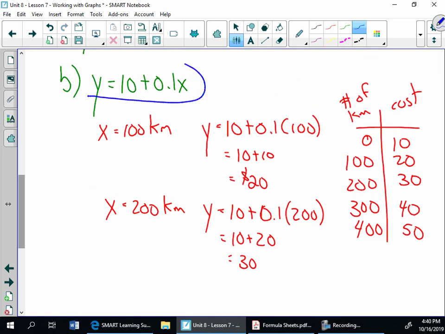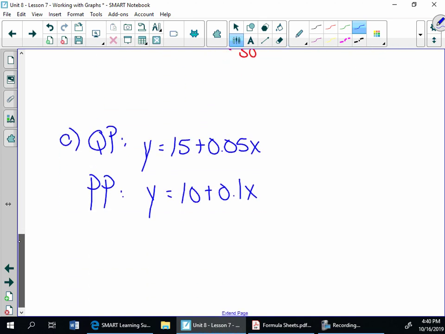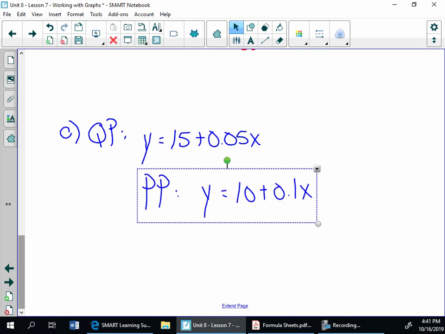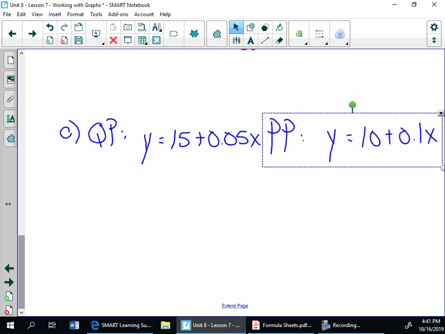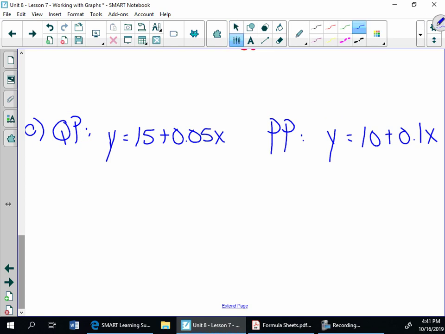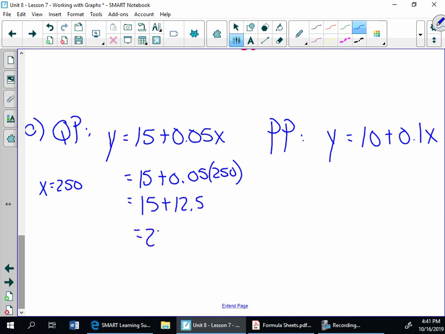Right, that's the one we just had right here. Okay, what am I trying to figure out? I'm trying to figure out the difference in a distance of 250 kilometers. Just move it over here so we can do this easier at the same time. Well, 250 kilometers is my x. If x is 250, I can put it in here for x. And we can do some math. I'm going to get 15 plus 12.5, or in other words, $27.50 for the first company.